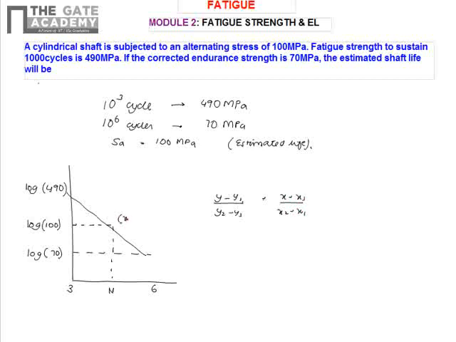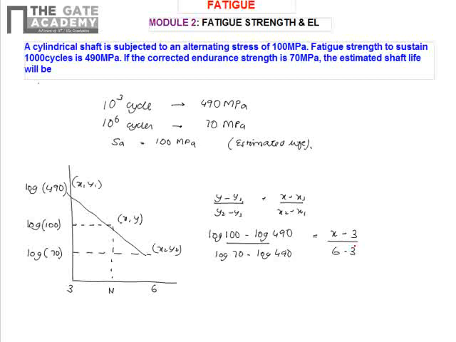So this is x comma y, where y will be log of 100, this is x1 y1, this is x2 y2. So y1 is log of 490, y2 is log of 70, and x1 is 3 and x2 is 6.